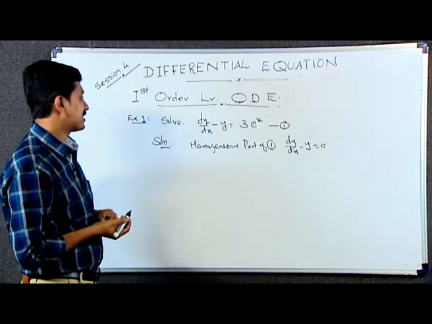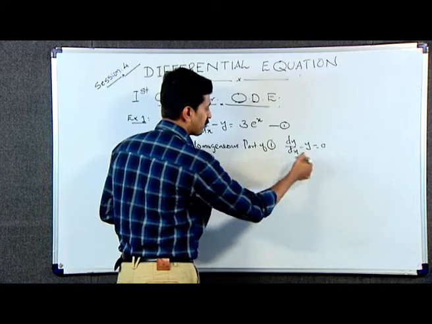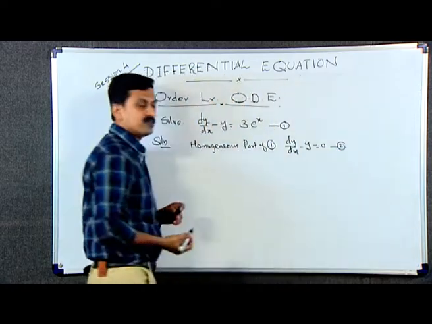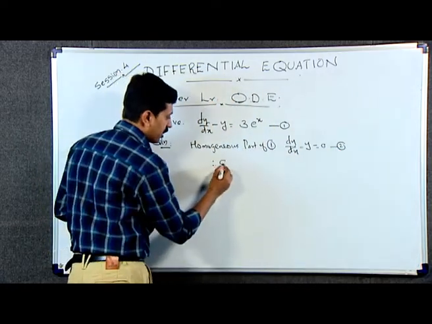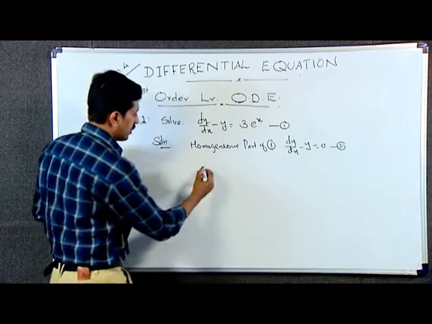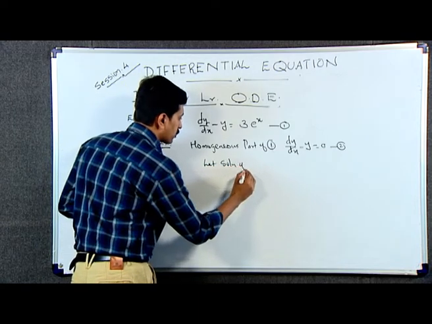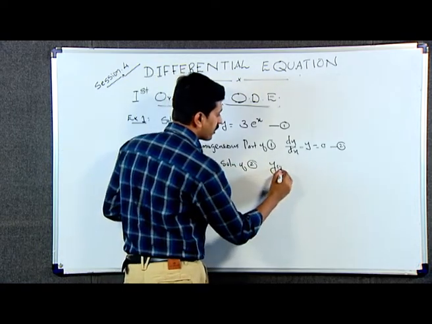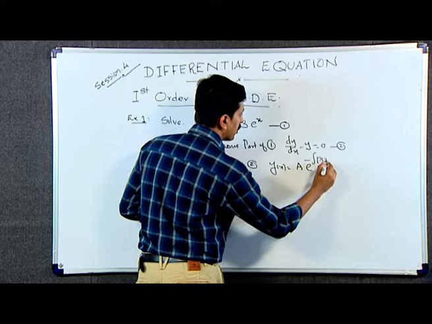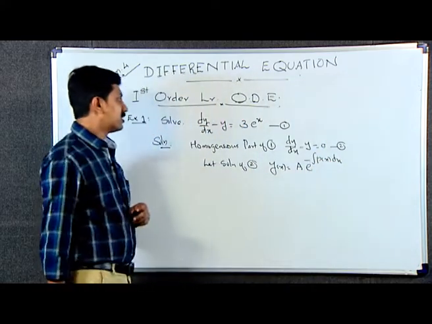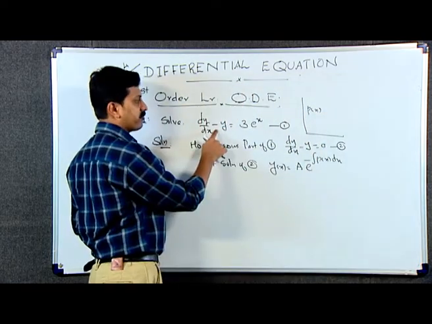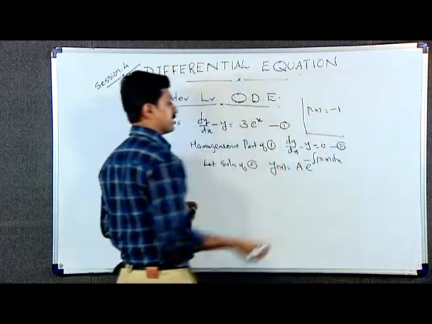I am treating this as equation number 2, and let the solution of equation 2 be y of x is equal to a e raised to minus integral p of x dx. Simply we can identify p of x: it is the coefficient of y, which here is minus 1.